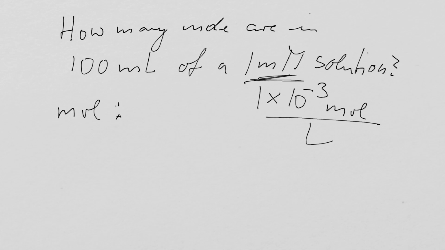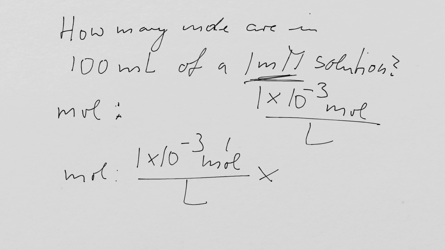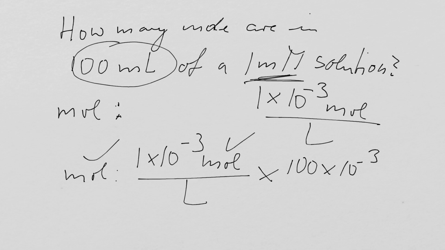Right? So we have, let me write it here again, mole: 1 times 10 to the minus 3 mole per liter. The mole is right, liter we get rid of with this one here, times 100 times 10 to the minus 3, that's the milli, liter.